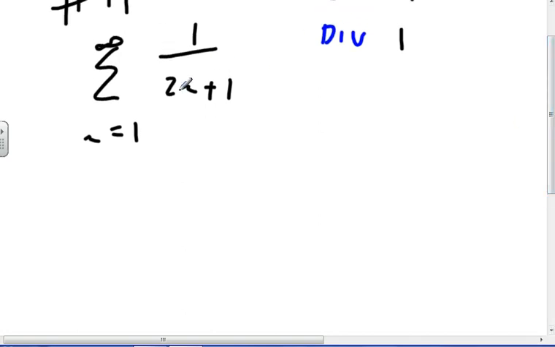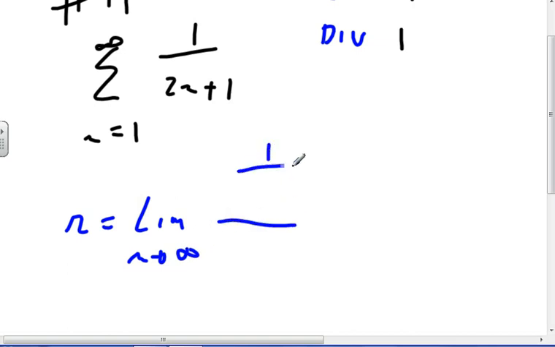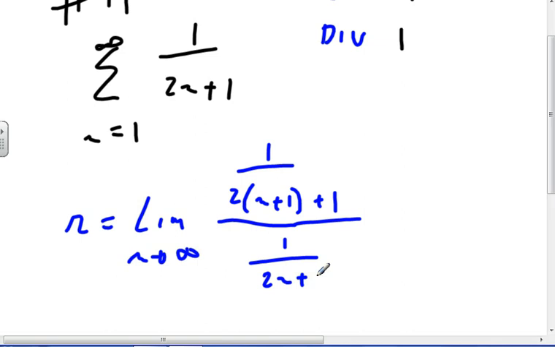Yeah, because if I look at that, the P-series test is going to fail right away. So that's probably the case. So we're going to look at R, which is going to be the limit of n goes to infinity of 1 over 2n plus 1 divided by 1 over 2n plus 1.